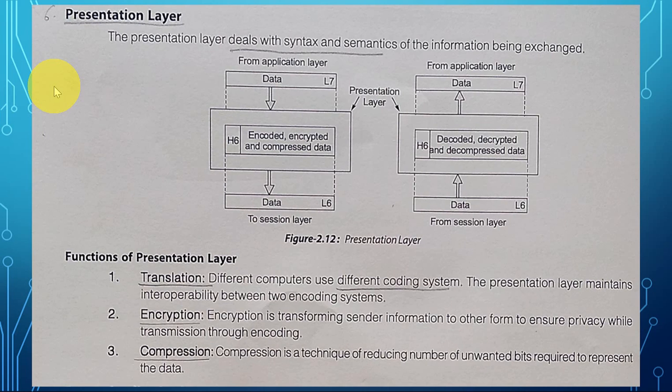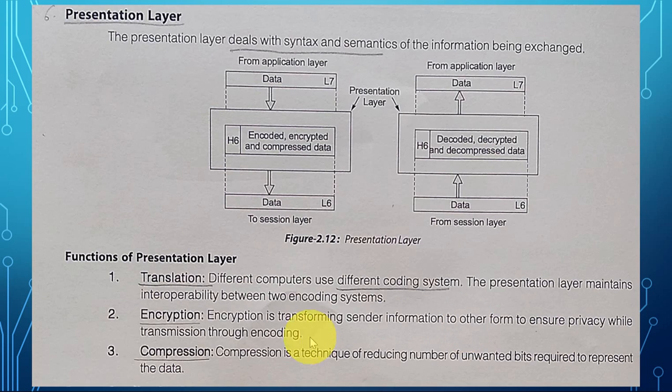Translation is needed, for example, when one PC is 32-bit and the destination PC is 64-bit, or one PC uses ASCII form of data and another uses EBCDIC form of data. Then translation is needed. Next is encryption. Encryption is transforming the sender's information into another form to ensure privacy during transmission through encoding.